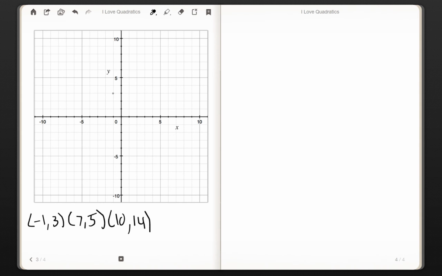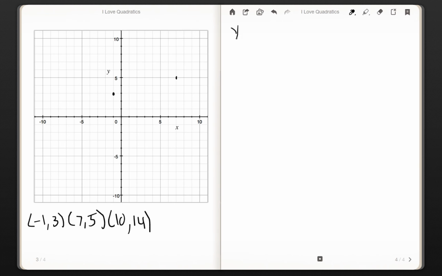So we can plot (-1, 3). We could plot (7, 5). And we cannot plot (10, 14), since that is way up here somewhere. So this doesn't really tell us much. We know the graph's going through there and going through there. It's probably going to be somewhere in here, but we really don't know for sure until we start solving this.